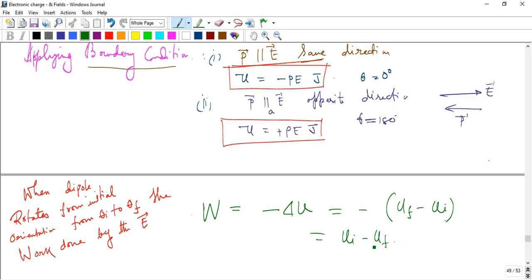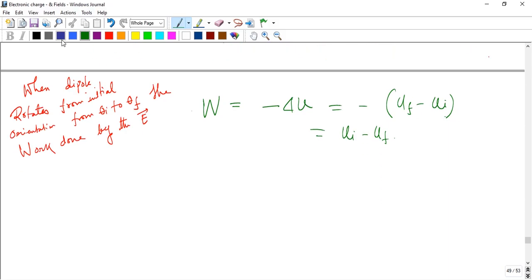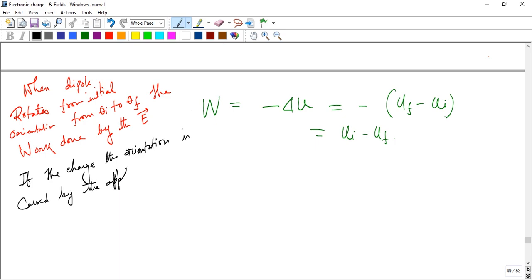The change in orientation, if I change the orientation like that, is caused by an applied torque.